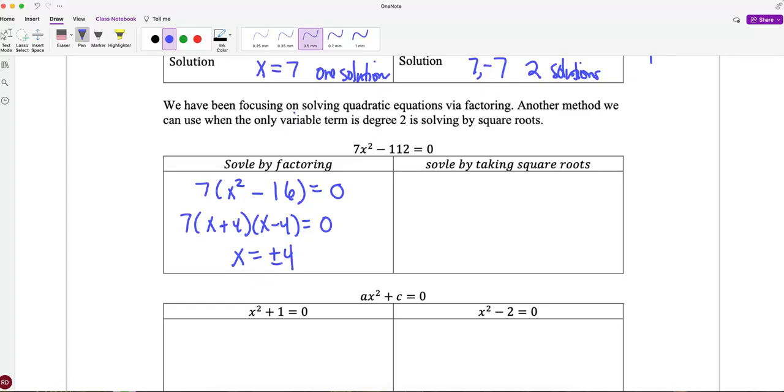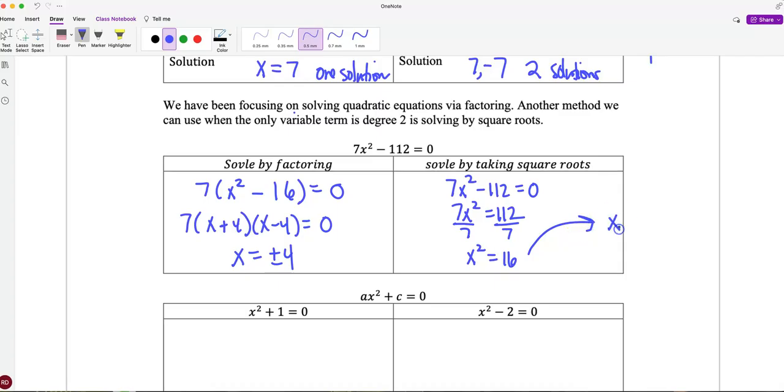Now I could solve by taking the square roots. If you want to solve by taking the square roots, you want to get the square root term all by itself. So 7x squared minus 112 equals 0. 7x squared equals 112. I can divide both sides by 7. x squared equals 16.